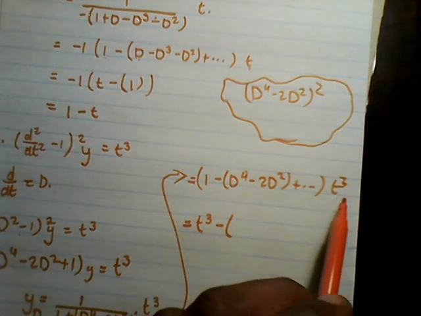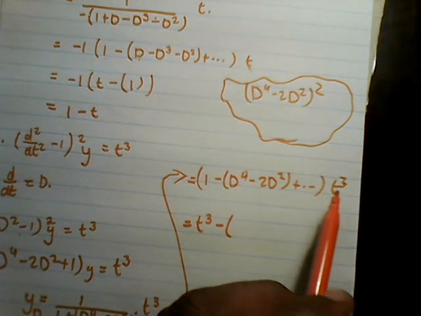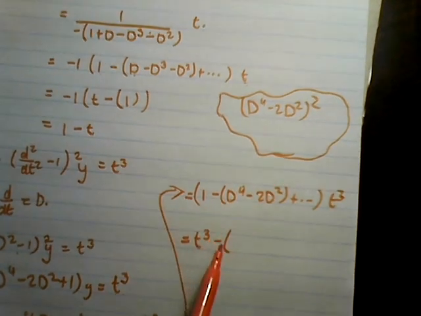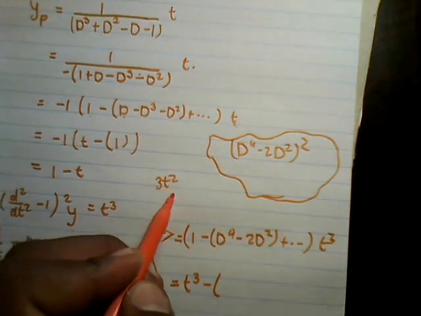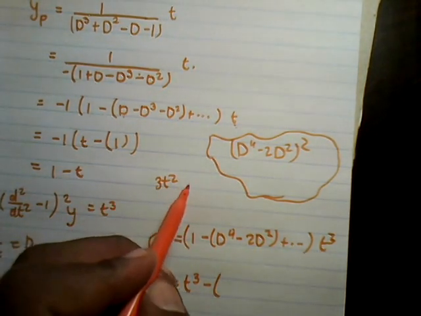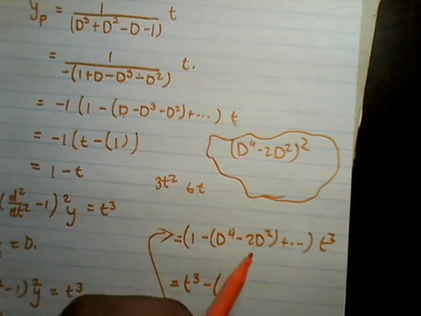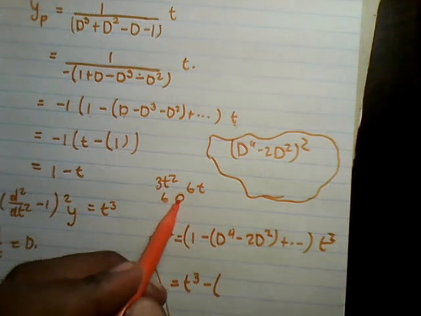We take 4 derivatives of t cubed: the first one gives 3t squared, the second gives 6t, the third gives 6, and the fourth gives 0.